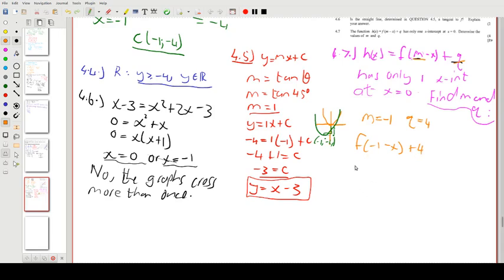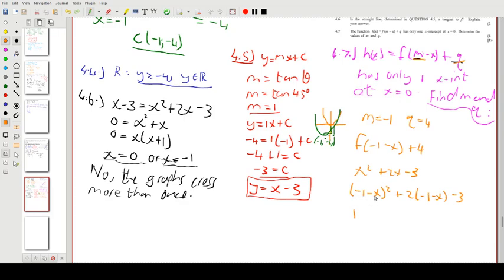Alright, so f of x is, we started off with x squared plus 2x minus 3. Now instead of x we're going to put -1 minus x. So (-1 minus x) squared plus 2 times (-1 minus x) minus 3. Let's see what this gives us. -1 times -1 is 1.